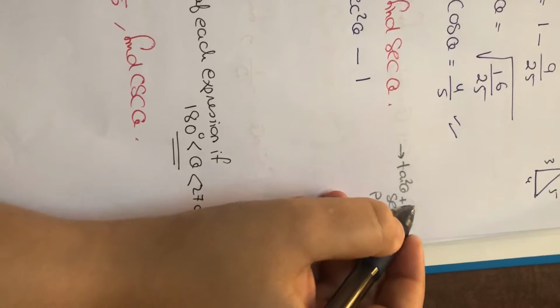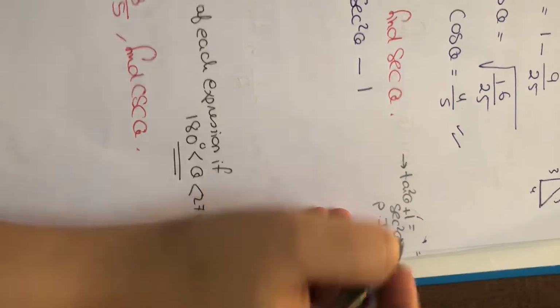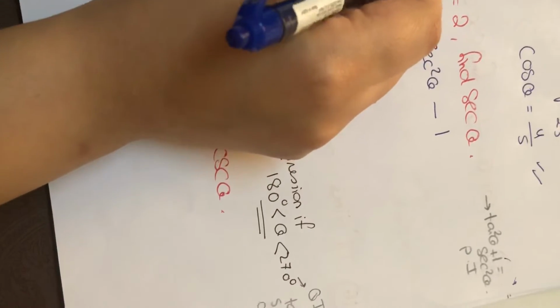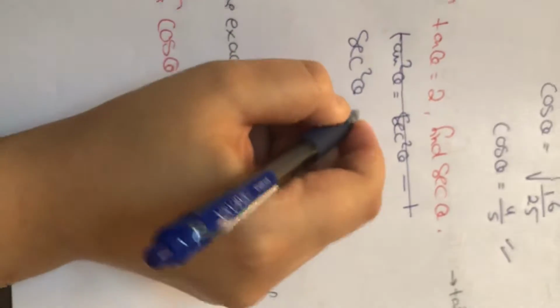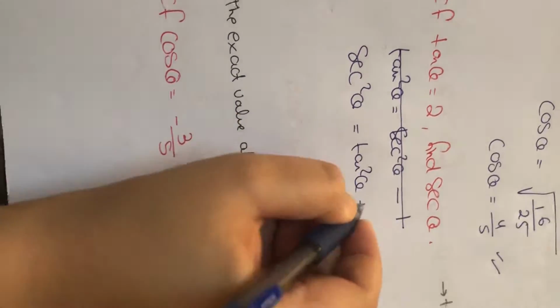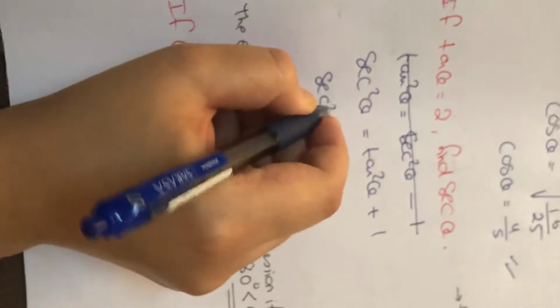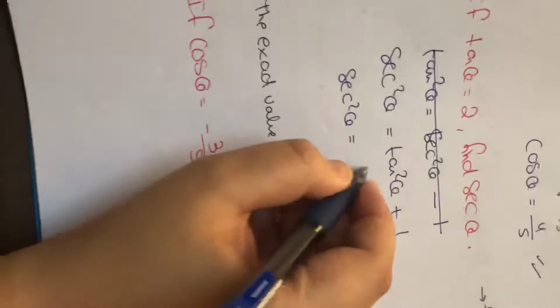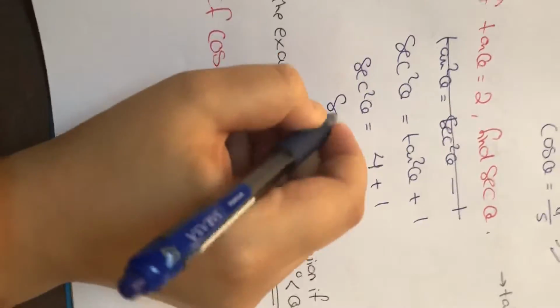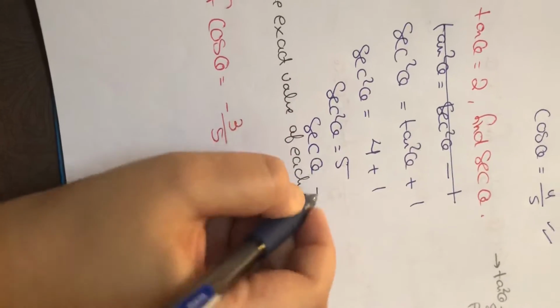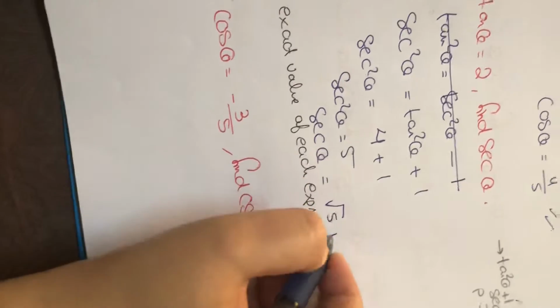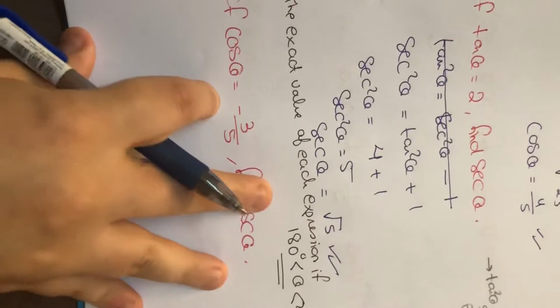Actually, I want to solve it for sec, so I don't need that. The identity itself says sec squared is equal to tan squared theta plus 1. So sec squared theta is equal to 2 squared, that's 4, plus 1. So sec squared theta is equal to 5. Sec theta is equal to root of 5, and you're done.